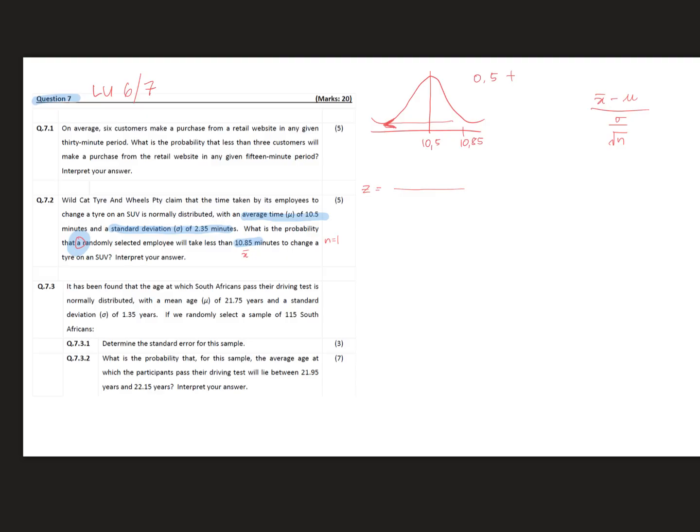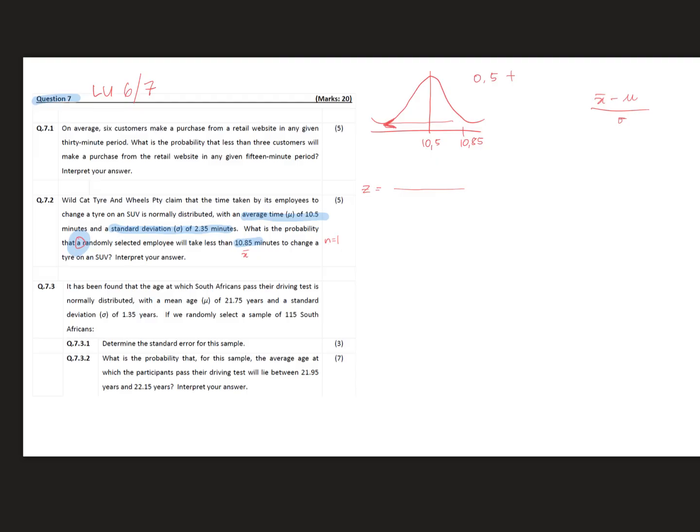So n is equal to 1 in your calculation, and you actually don't even have to put that into the formula. Whenever n is equal to 1, you basically just disregard this denominator. I'm going to remove it, so you're just saying that the denominator is the standard deviation.